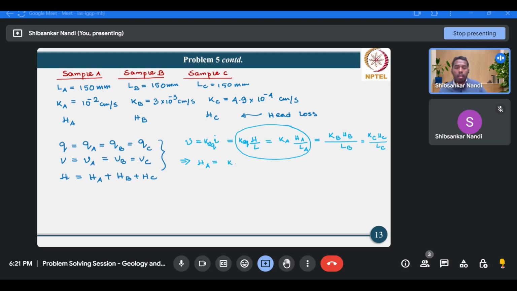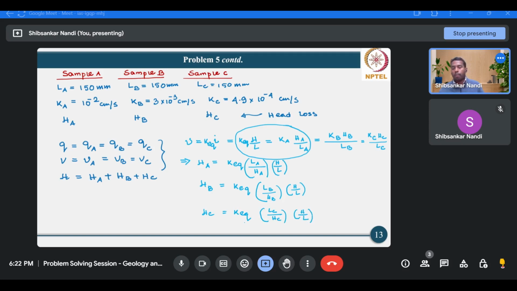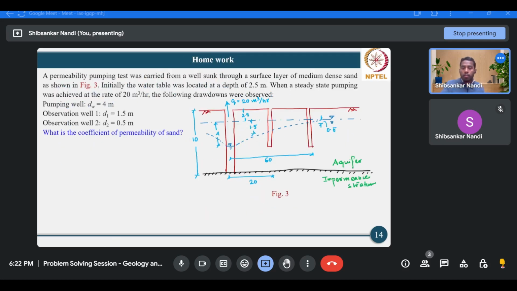Considering these terms, it will be K equivalent into LA by KA into H by L. Similarly, you can calculate HB: K equivalent LB by KB, H upon L. And similarly for HC, K equivalent LC by KC, H upon L. Now you can substitute these values here in this equation.